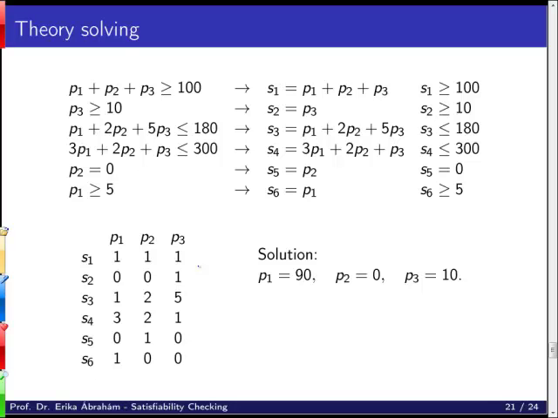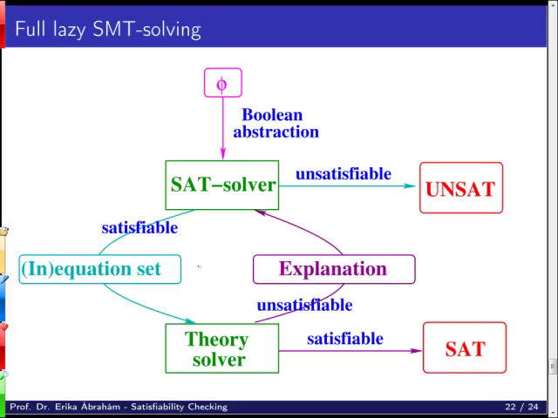If not, then I have to continue the check. But if I do not need any solution, then already with this answer I know that the problem is satisfiable. So that's why in this case already the theory solver can state satisfiability, because it does not need any solution but just the answer to the satisfiability problem.